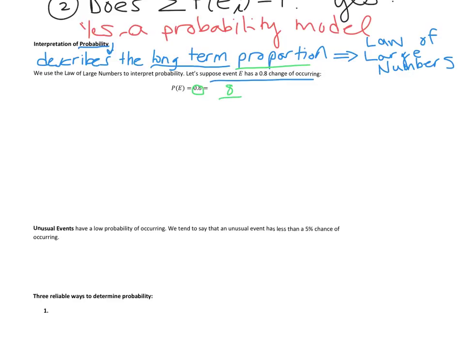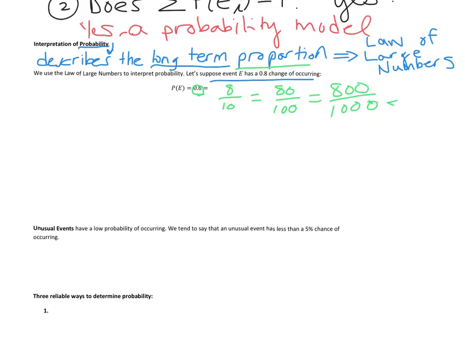The number of zeros matches the decimal places, so we have one decimal spot in the 0.8, so we have one 0 in the denominator. To make this large, we can multiply top and bottom by 10. That's an allowed operation. Now this is 80 out of 100 experiments. Multiply by 100 originally, and now it would be 800 out of 1,000 experiments.